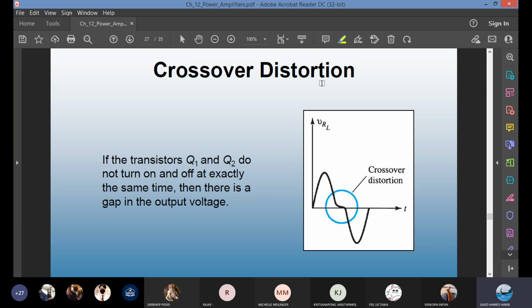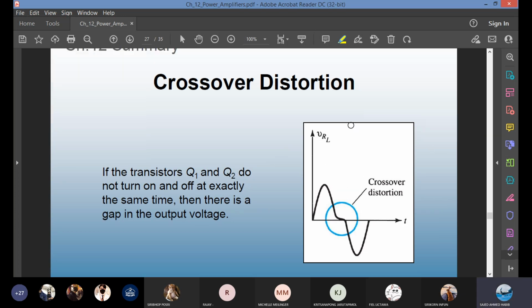If they do not turn on and off at exactly the same time, you have a gap in the output. What is your desired output? Let me try to draw. The desired output will be like this. Transistor Q1 on, you have an output. At this moment, Q1 is off, Q2 must turn on, and then you get the second half cycle.